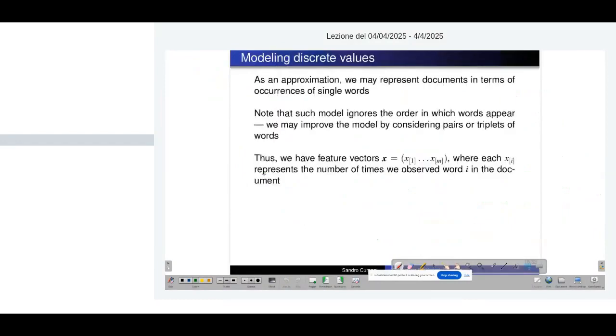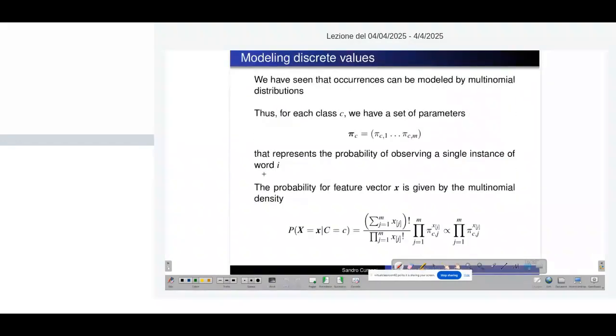Now, on the slides, you have an alternative method that is also interesting because it shows us that it's actually the same method. An alternative method that is based on the consideration, okay, let's not consider just the sequence of words, but let's use what may look like a simplified model. We directly count the occurrences of each word inside the documents of that class.